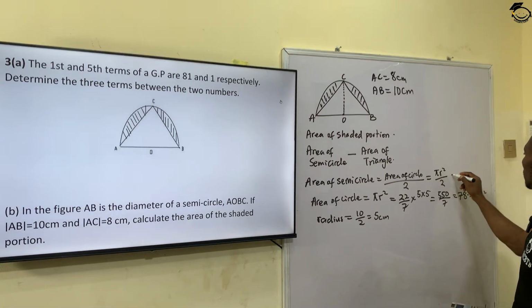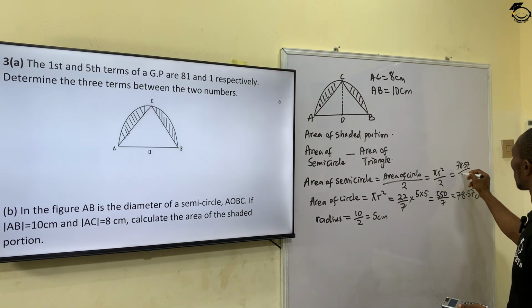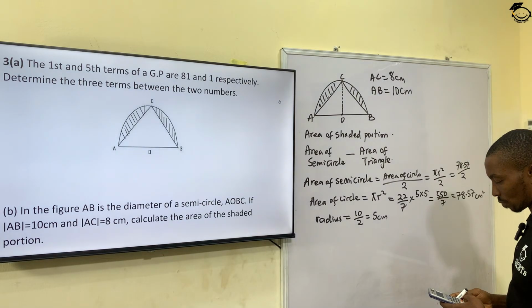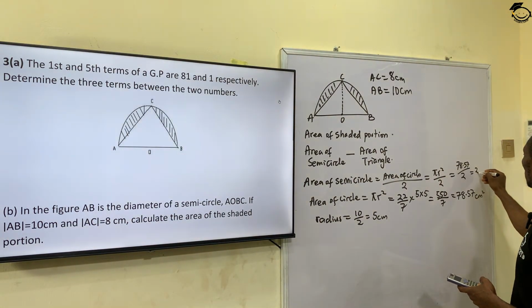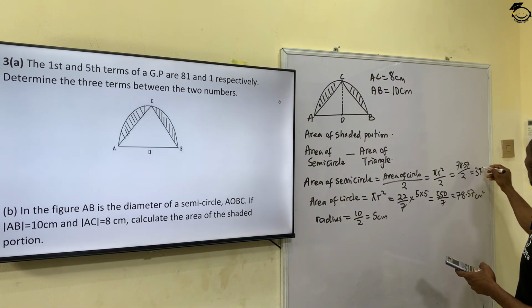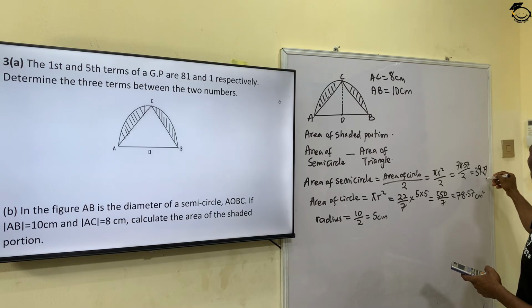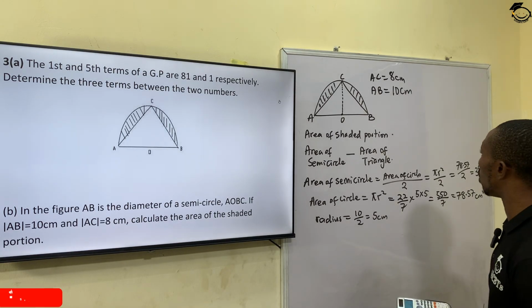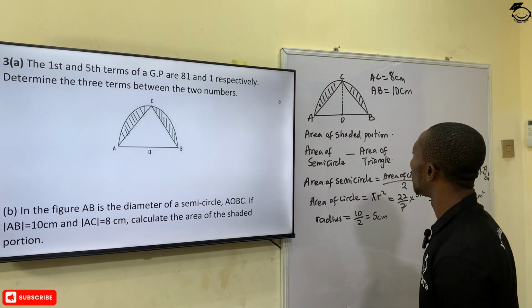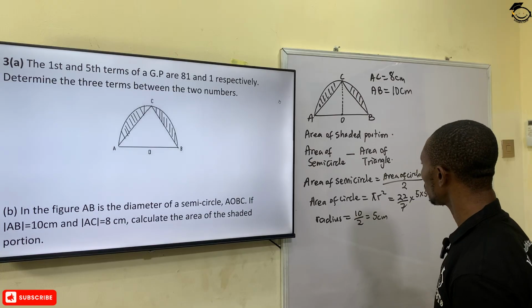So area of our semicircle will become 78.57 divided by 2, which gives us 39.29 centimeter squared. So that will be our area of semicircle. Now, let's find our area of triangle.